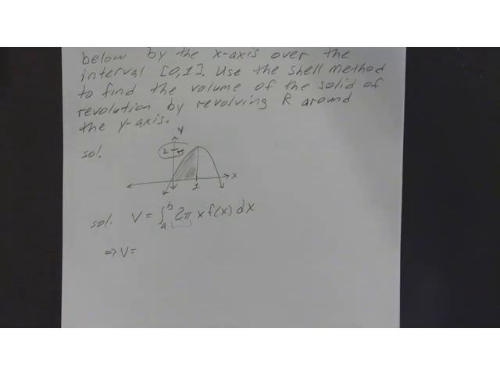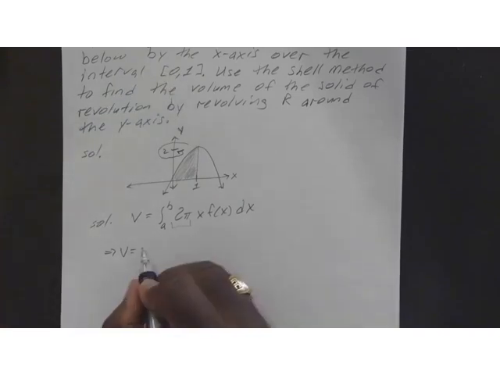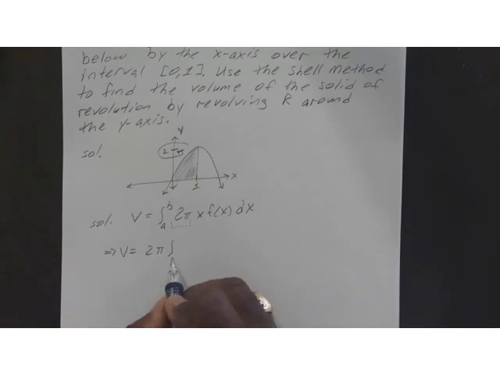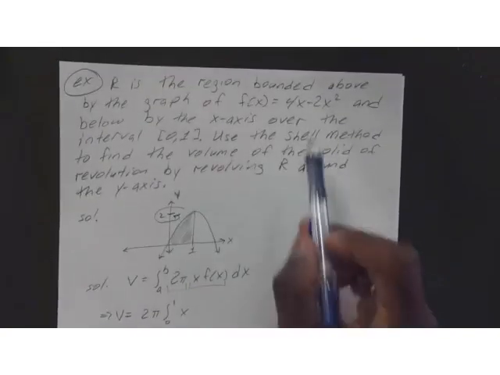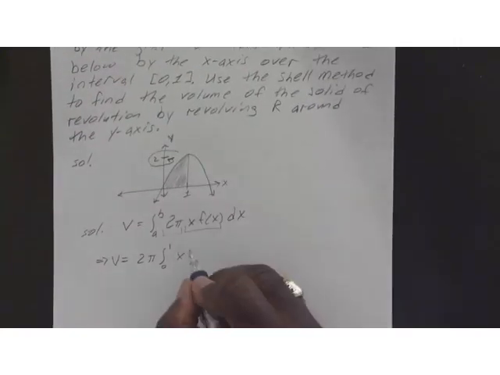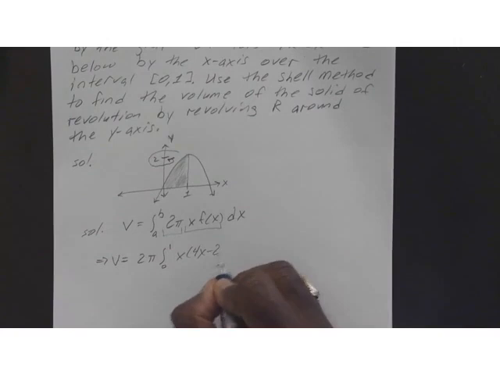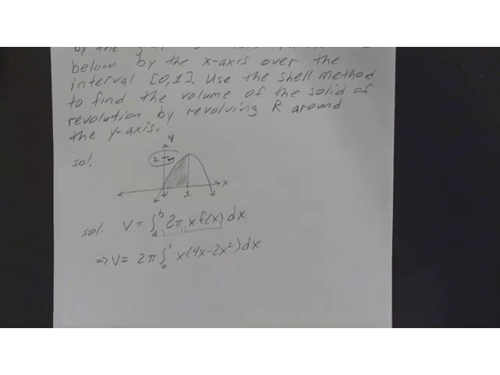We know that our upper and lower bounds will be 0 and 1. So that's the integral from 0 to 1, with that 2 pi that we factored out, and your f of x is just x times 4x minus 2x squared, with respect to x.